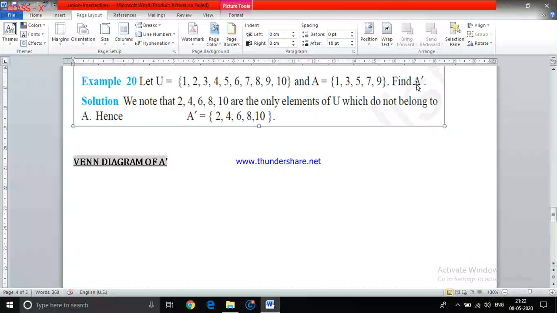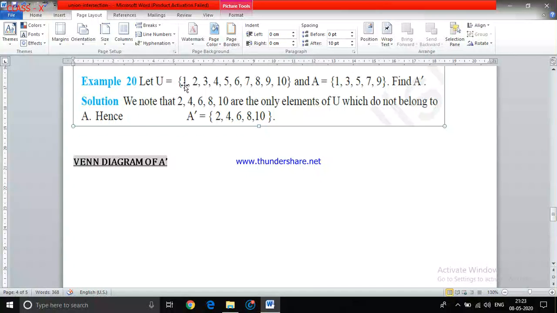Now if I want to find A complement, you have to take the elements of A complement from U, those elements which do not belong to A. A complement has the elements from the universal set which are not elements of A. That is, 1 is an element of U and of A, so 1 cannot be there. 2 is an element of U, 2 is not an element of A, so 2 is an element of A complement.